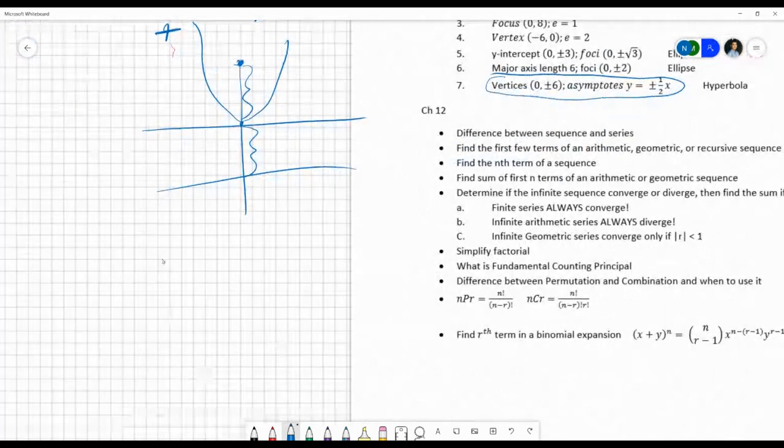Let's go over here. Actually, let me get our graph in here. I want to draw one.